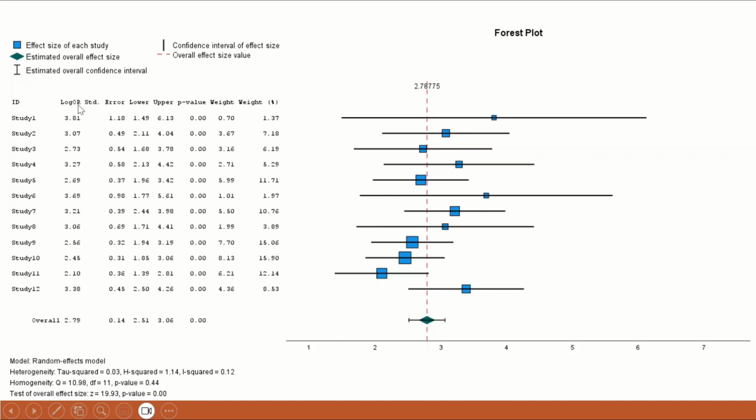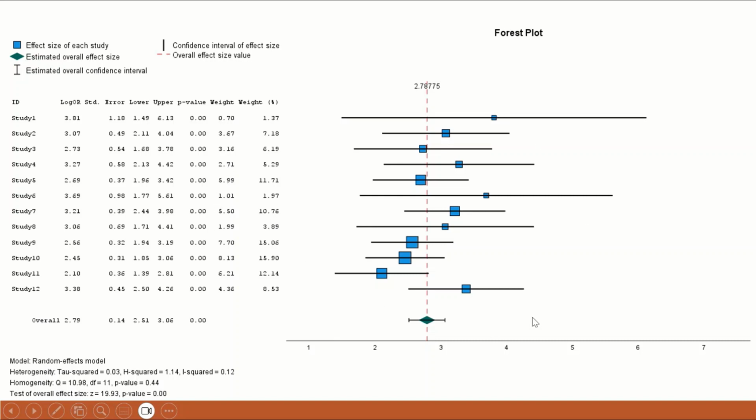The odds ratio and log odds ratio for each individual study is calculated, and the standard error is also produced. A 95% confidence interval with a lower and upper limit is given, and a p-value is generated, and a weight percentage which reflects the contribution or the influence of the sample size on the overall meta-analysis.